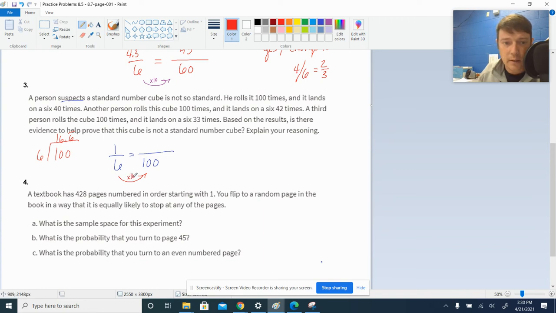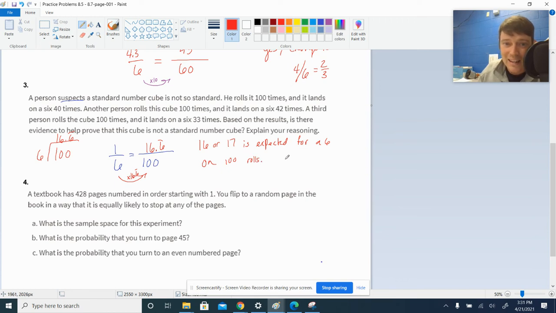So my constant is 16.6 repeating, which tells me that if I'm going to do this 100 times, I'm expecting to get a 6 about 16 or 17 times. So 16 or 17 is expected for a 6 on 100 rolls.